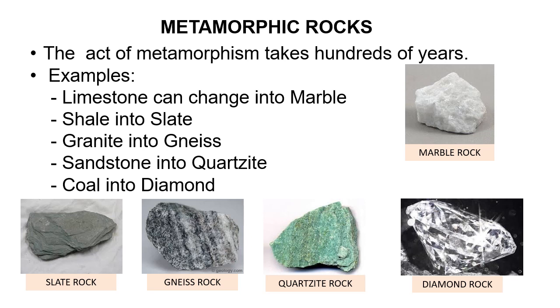Some of the pictures I have given you in the slide, and you can become familiar with these pictures and try to remember. These are all different examples of metamorphic rocks.